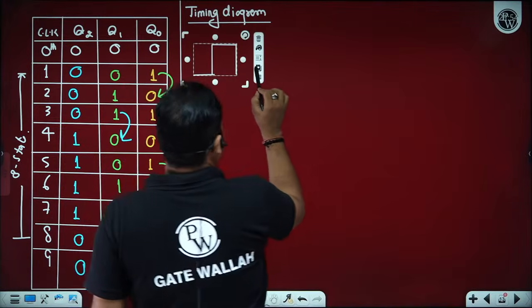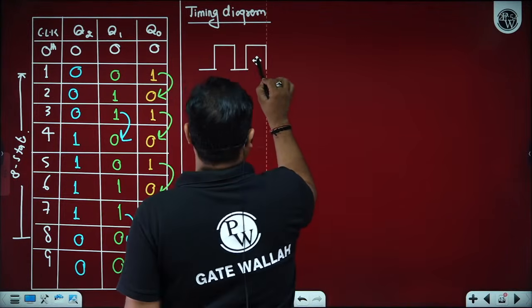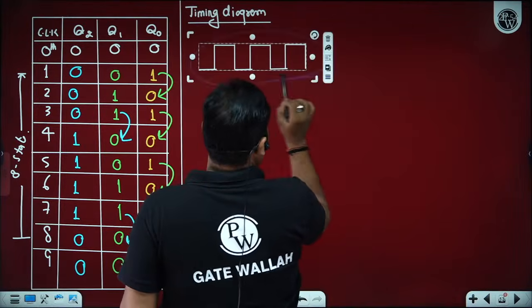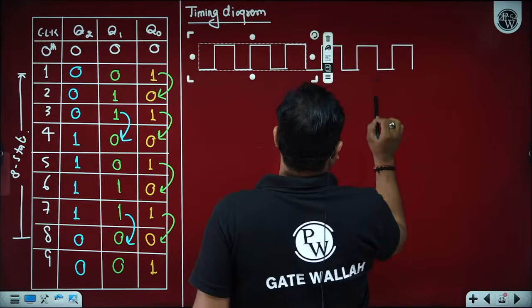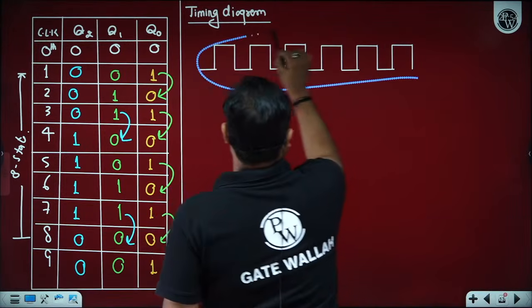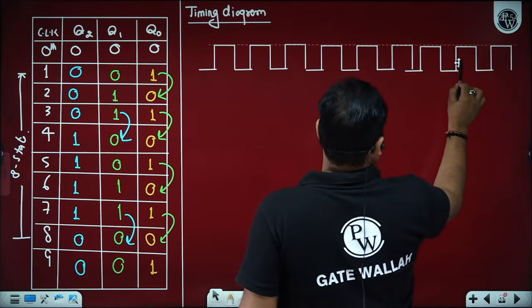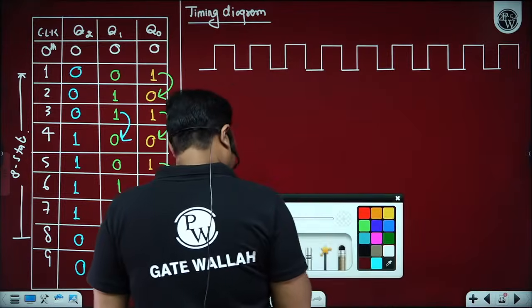First I am drawing on neglecting the propagation delay. So 1, 2, 3, 4. Okay. So how many clock pulses here?